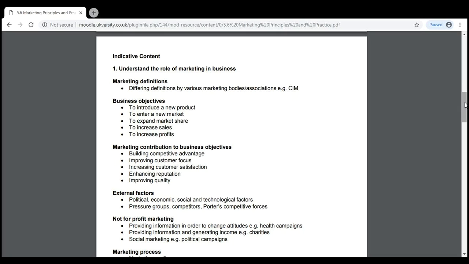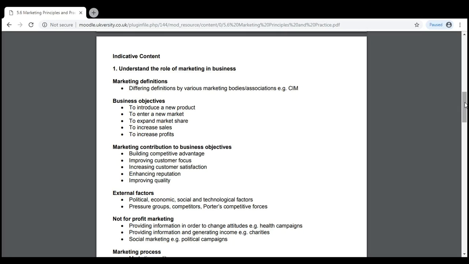We'll go through marketing's contribution to business objectives, and how marketing can help an organization achieve its objectives. Competitive advantage means what advantages we have. Marketing helps build the reputation of the company.